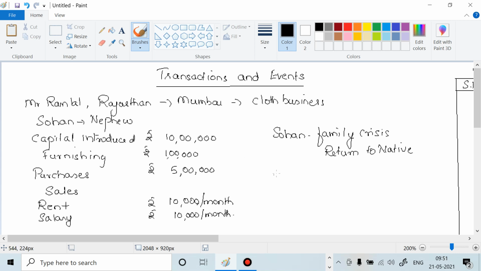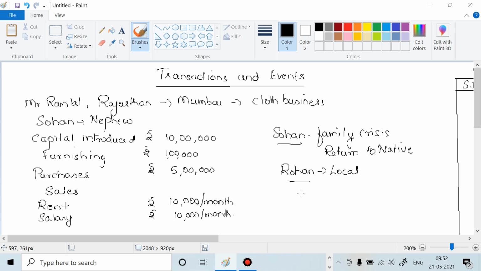Of course, he might be replaced by another employee, say Rohan, a native of Mumbai, a local boy who has been hired. Now Sohan has been replaced by Rohan, so the work will go on.